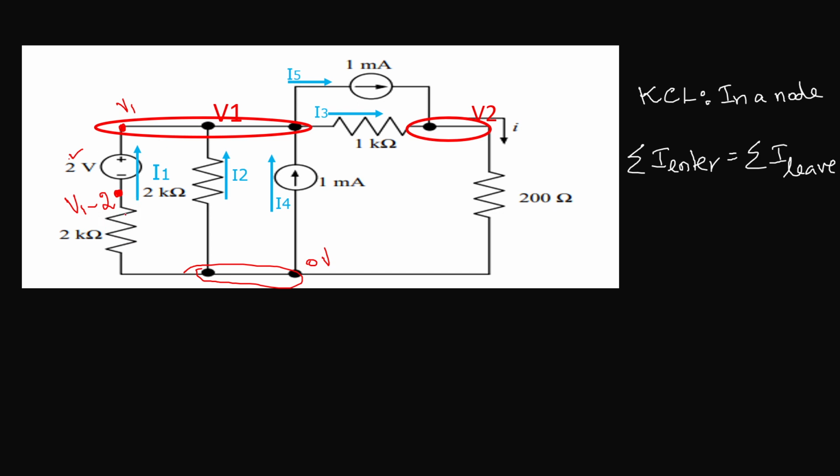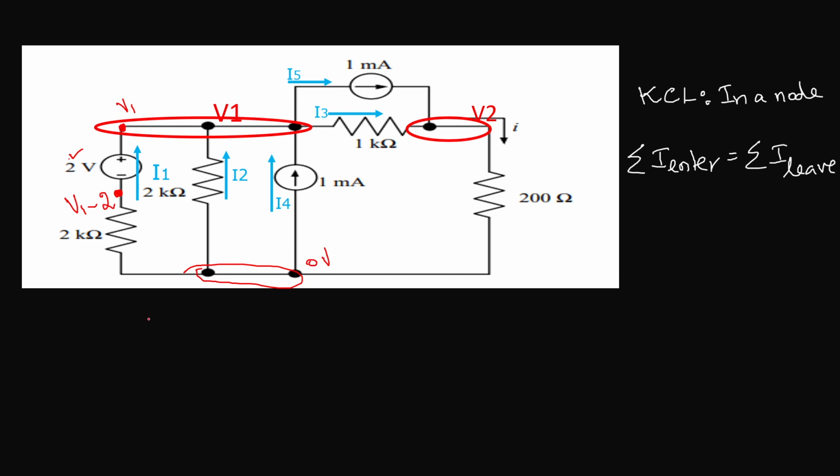That is V1 minus 2 volts, because this is essential when you want to find the current flowing through it. Since it is nodal analysis, we are going to apply KCL, Kirchhoff's current law. In a particular node, the summation of entering currents is equal to the summation of leaving currents. Here, in node 1, I1 is entering, I2 is entering, and I4 is also entering, but I3 and I5 are leaving.